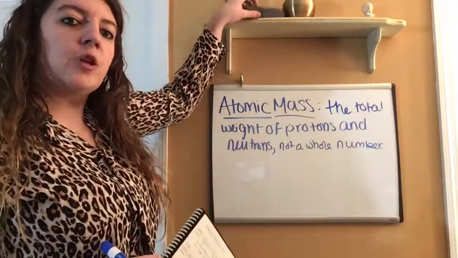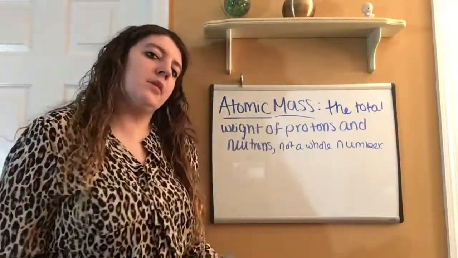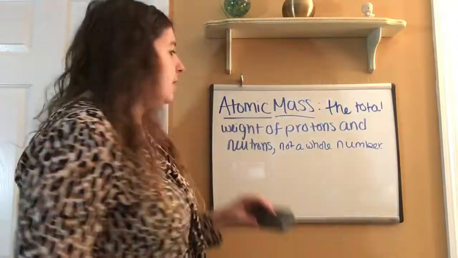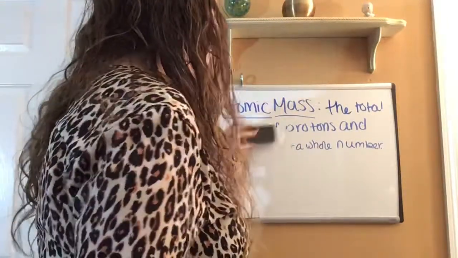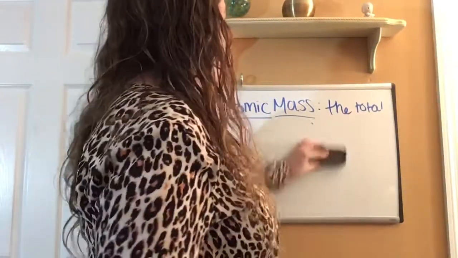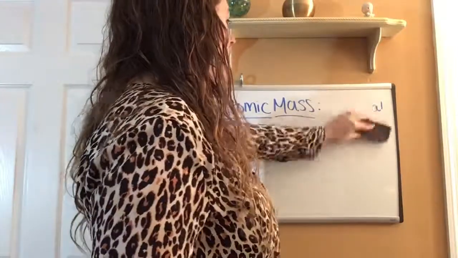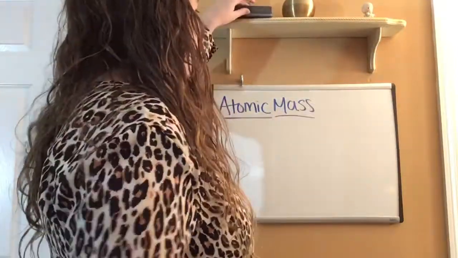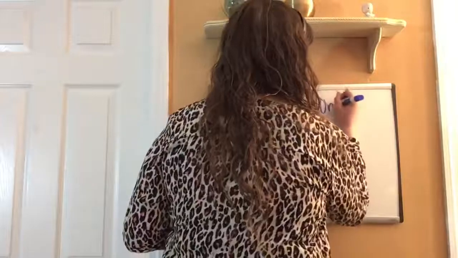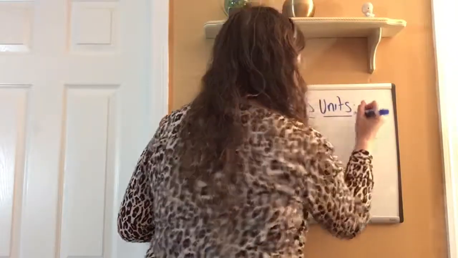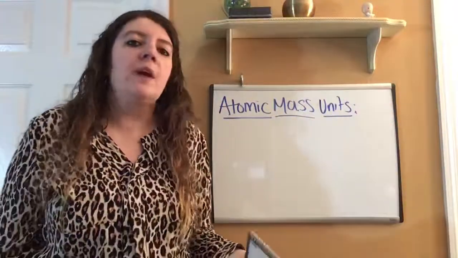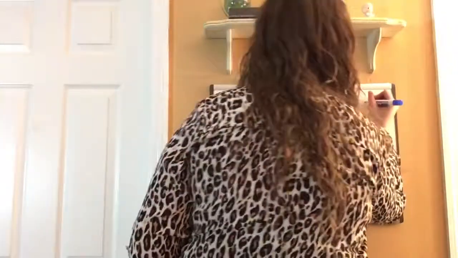Okay, so that's the first concept that we're going to talk about with atomic mass. The other thing we're going to talk about is atomic mass units, or AMUs. What is this? Well, this is just the unit that we use for atomic mass.